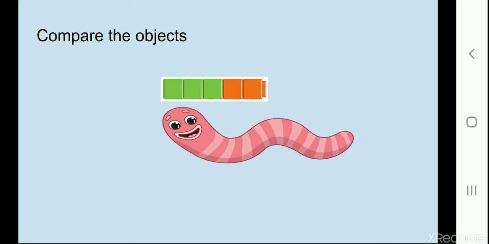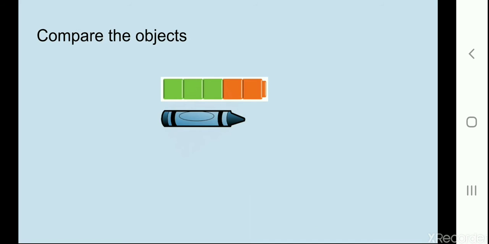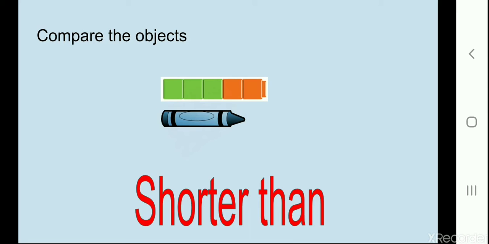Is this worm longer than or shorter than the 5 stick? The worm is longer than the 5 stick. Is this crayon longer than or shorter than the 5 stick? The crayon is shorter than the 5 stick.